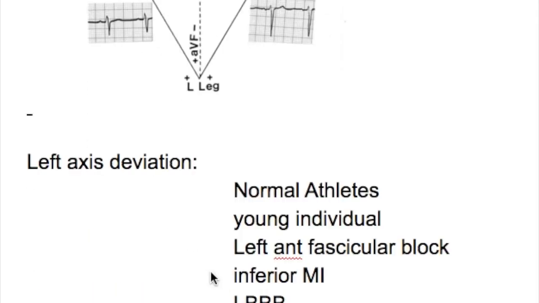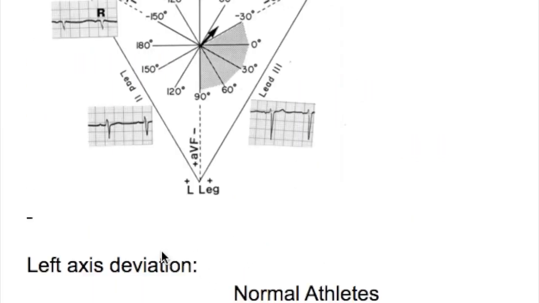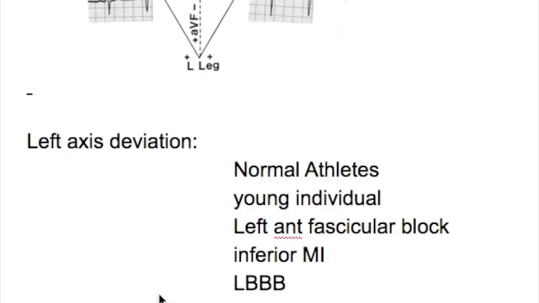So what are the causes of left axis deviation? Left axis deviation may be present in normal athletes and young individuals. The other causes are left anterior fascicular block, inferior MI, left bundle branch block, left atrial abnormalities, smoking, and obesity.